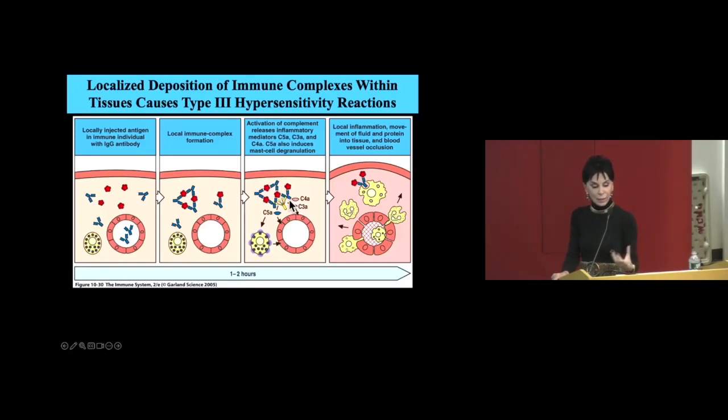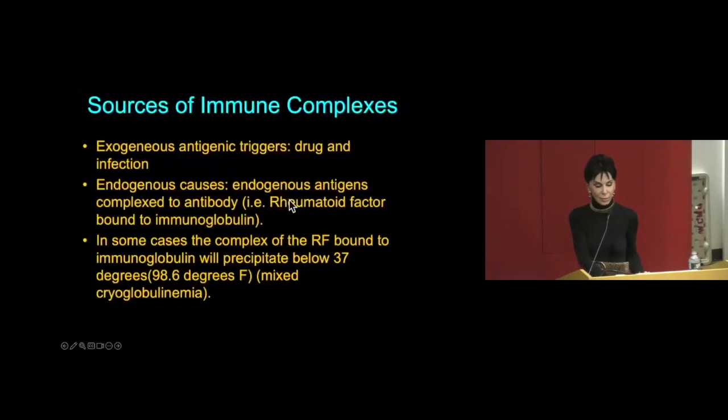And you can generate these components of complement pathway activation that can release inflammatory mediators and mast cell degranulation to eventuate into this highly inflammatory vasculitic process that will damage endothelium and activate the clotting pathway and lead to fibrin deposition and overall vascular compromise. Now, as far as the immune complexes, they could be exogenous, it could be a drug, it could be an infection.